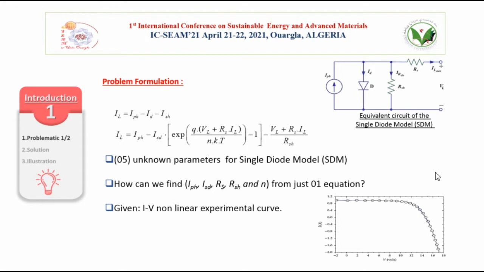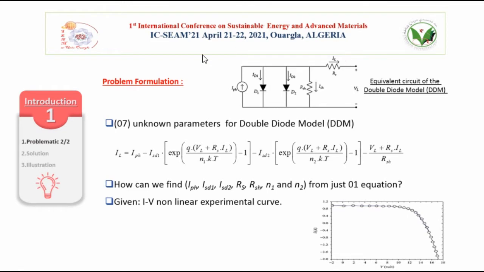In this equation, we have five unknown parameters that need identification. So how can we find these five unknown parameters from only one equation? The only given data is this nonlinear experimental IV curve.